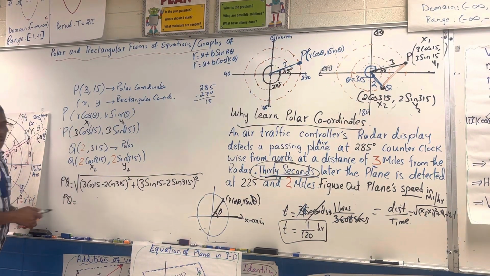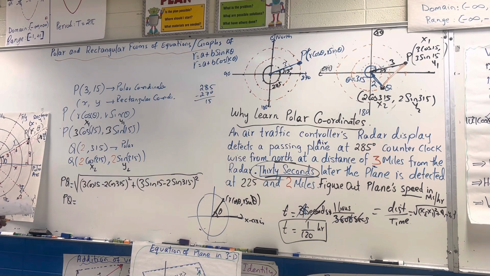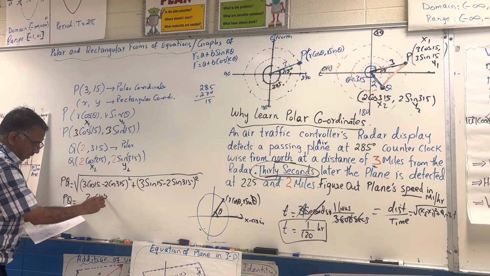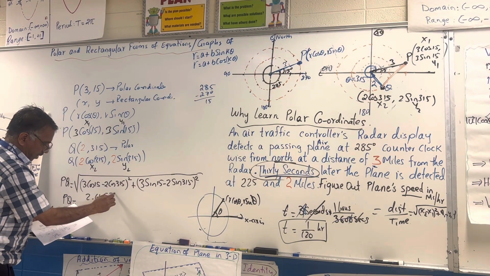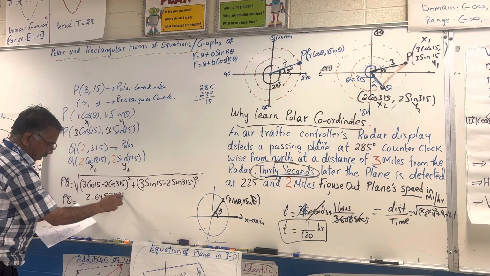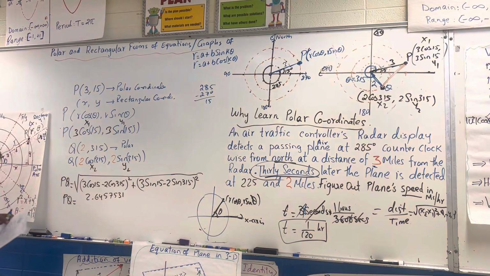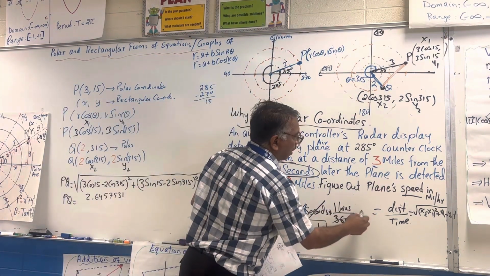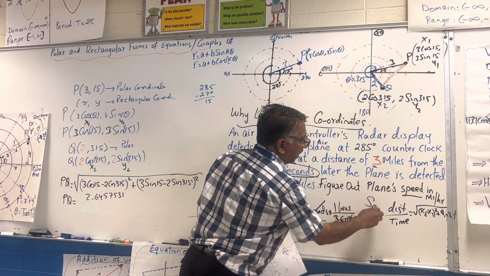If you put this in your Nspire calculator, I did the work here. You just plug it in and you get an answer of 2.6457531. I'm going to take this point, and then finally you want to know what the speed is, right?